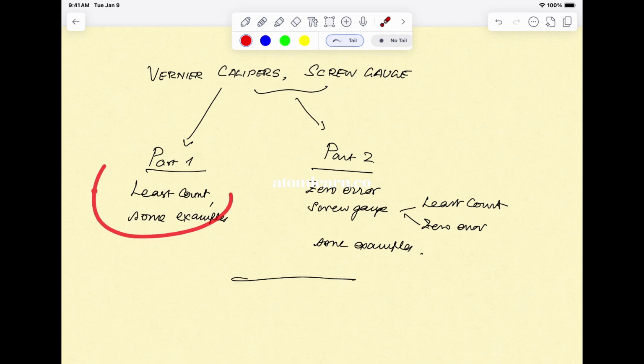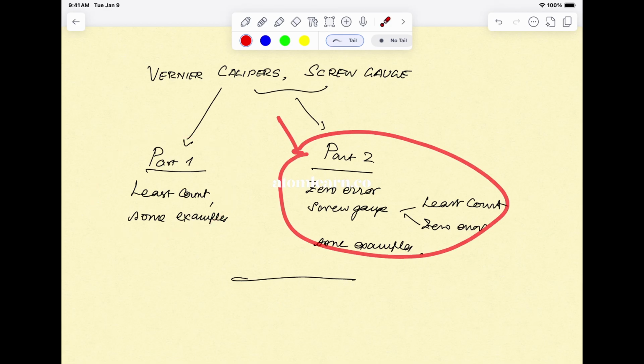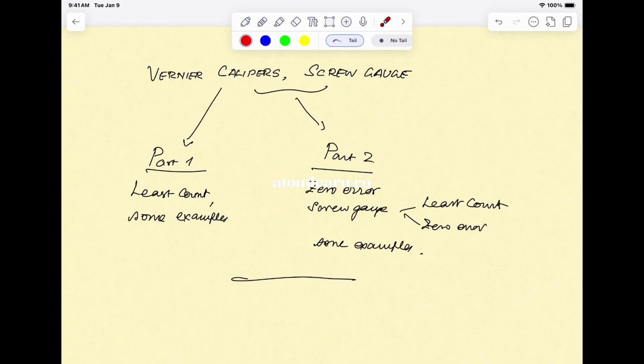Now we have covered part 1. Now we will go to part 2 of the video, which will cover the zero error part of Vernier calipers and also some examples about how to apply the zero error concept we have learned. Then we will also take up the screw gauge as well as its least count determination, examples, how to take a reading, as well as the zero error concept applied to the screw gauge.